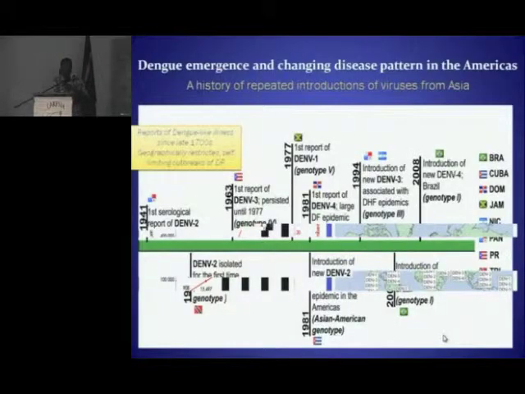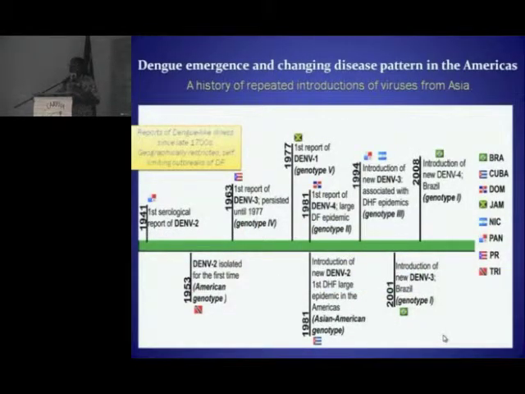Within our region, we have a bit of a history of the circulation of dengue viruses, and I'm showing this here. What I want to highlight is the fact that our history of dengue in the Americas is basically a history of repeated introductions of viruses from Asia.